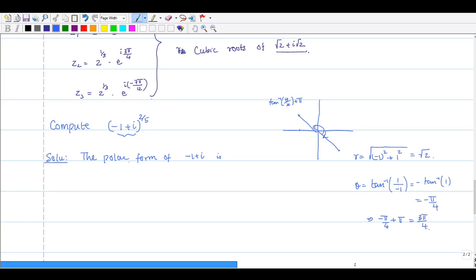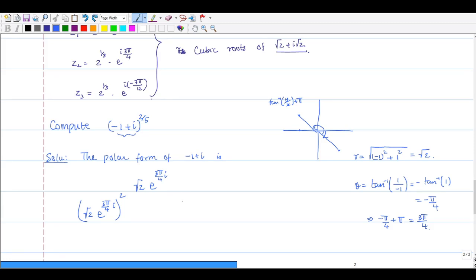So this is equal to root 2 e to the power 3 pi by 4 i, இதுதான். So this is the complex number. Okay, so now I am going to use De-Moivre's theorem. So now root 2 e to the power 3 pi by 4 i the whole square முதல்ல கண்டுபிடிச்சுக்கிறேன். ஓகேங்களா, இதனுடைய ஸ்கொயரை மட்டும் முதல்ல கண்டுபிடிச்சுக்கிறேன். அதுக்கப்புறம் we'll go for a fifth root.